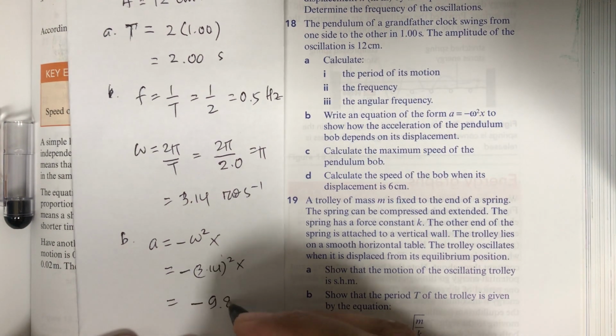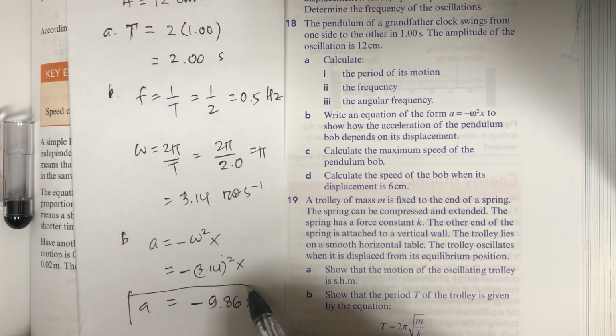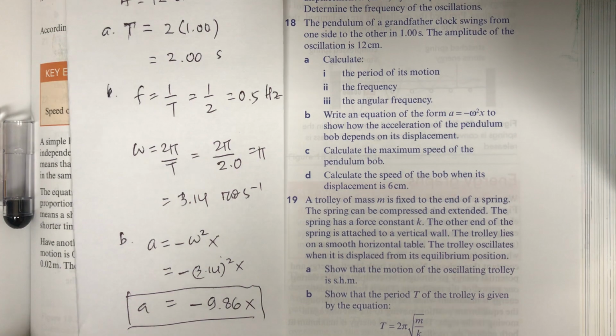So a equals negative 9.86 x. This is the equation of acceleration depending on displacement.